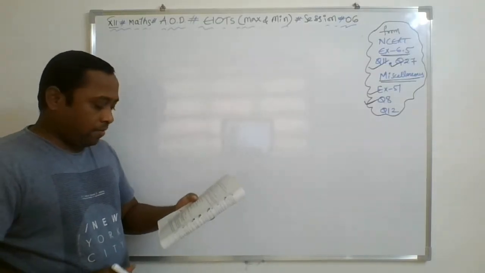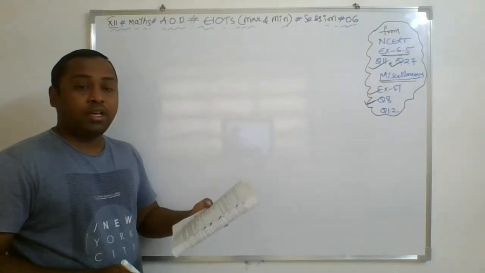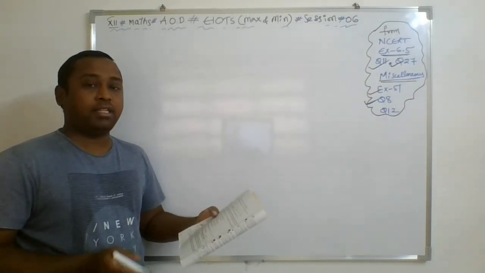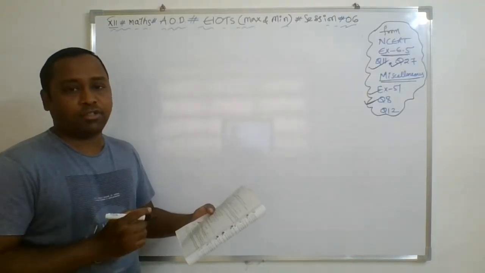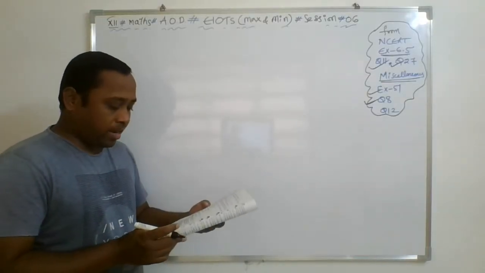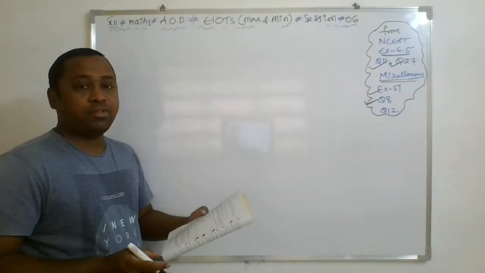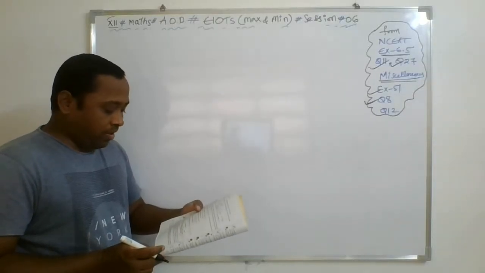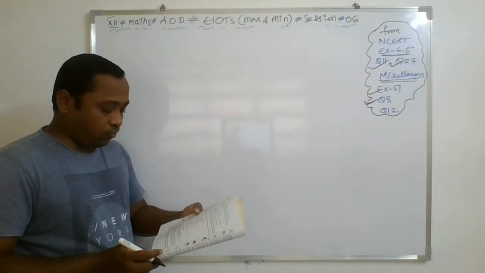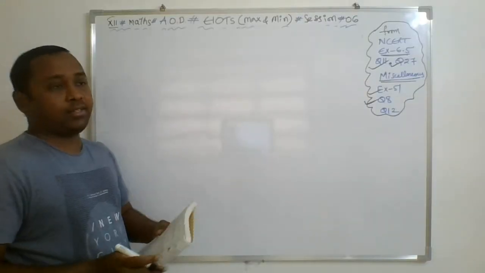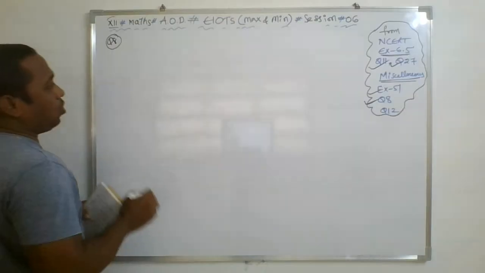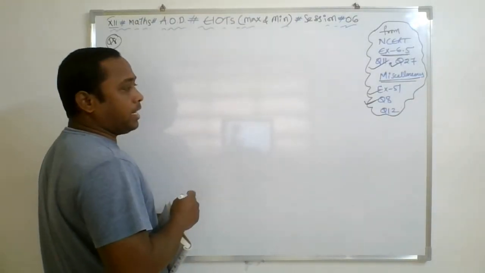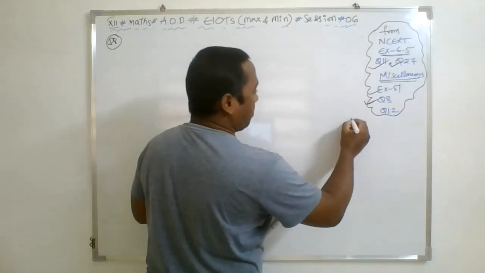I repeat, find the maximum area of the isosceles triangle which is inscribed in the ellipse with its vertex at one end of the major axis. So this is the question. First, I'll try to draw the figure so that you can get an idea of what we are looking for.